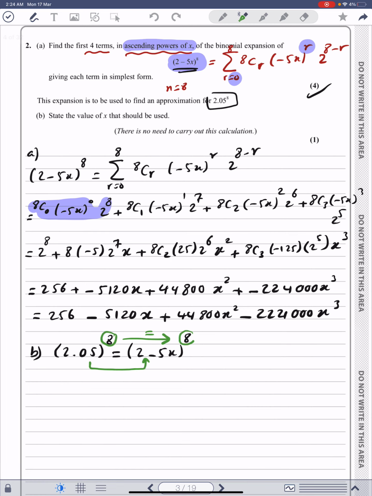Powers are equal, so this implies that 2.05 equals 2 minus 5x. Solving this for x, getting 5x equals 2 minus 2.05, which is negative 0.05, dividing by 5, x equals negative 0.01.